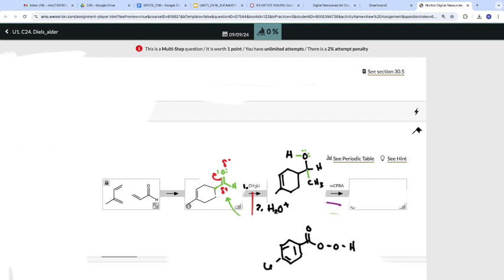Or that it means that structure. That's a Cl at the bottom. So I would argue you just memorize what MCPBA does.